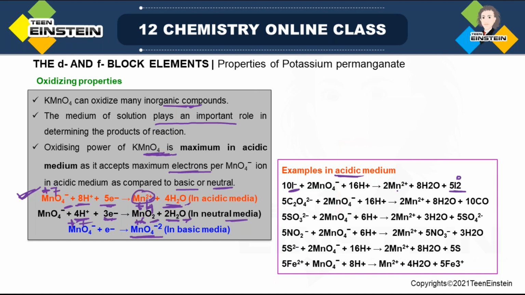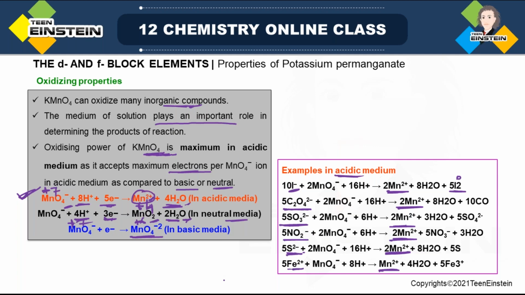So that is the common thing you will find in all these equations. See, Mn2 plus is common. It is always produced because it is acidic medium. So whatever is the nature of the reducing agent, it may be I minus, oxalate ion, sulfite ion, nitrite ion, sulfide ion, Fe2 plus ion.